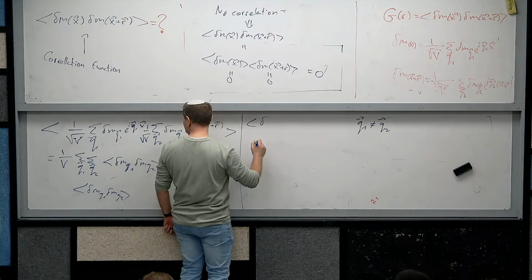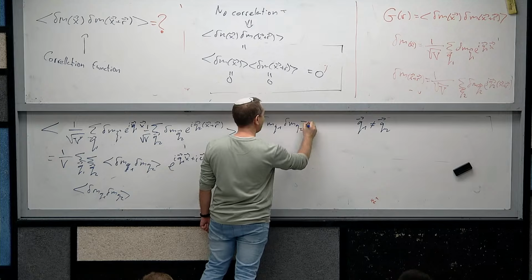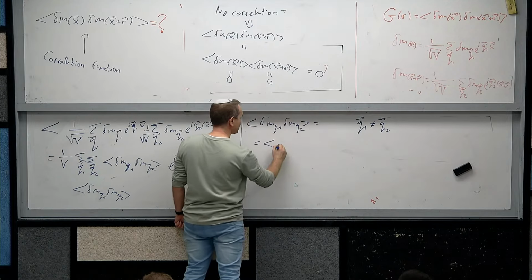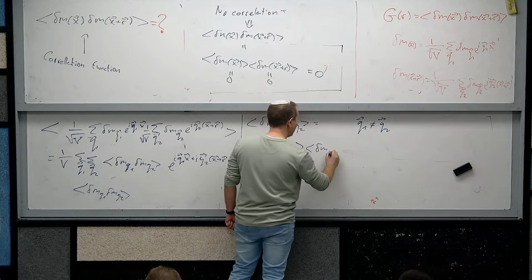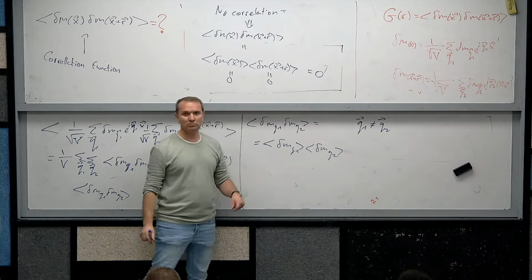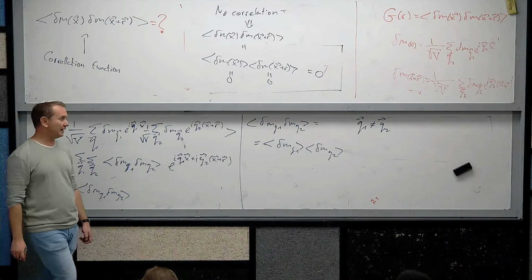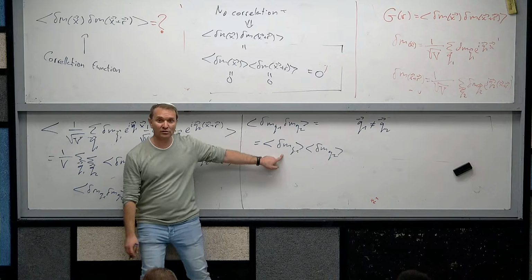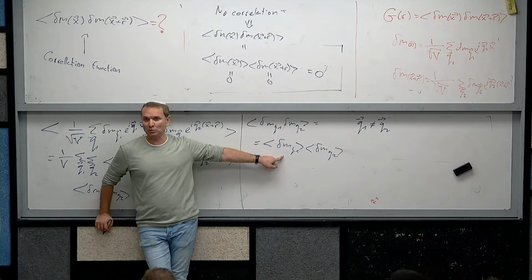So the average of delta m q1 delta m q2 equals the average of delta m q1 multiplied by the average of delta m q2. That's the property of independent Gaussian random variables. And they have mean equal to 0.